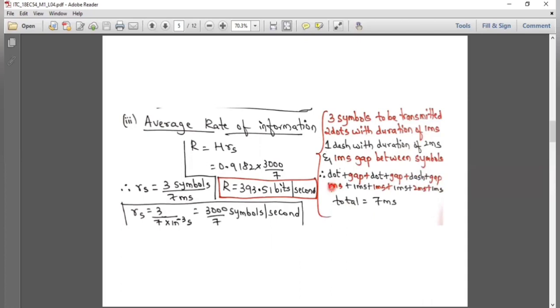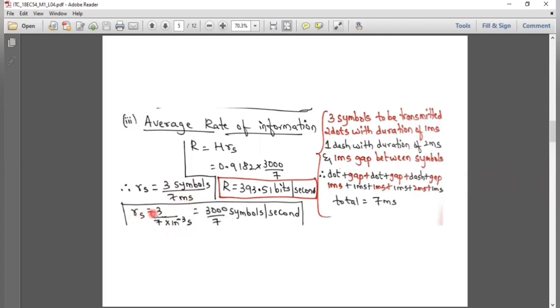So dot duration is 1 millisecond and the gap duration is 1 millisecond, whereas dash duration is 2 milliseconds, which gives us total duration as 7 milliseconds. Therefore symbol rate is, we are transmitting 3 symbols with a duration of 7 milliseconds. Convert milliseconds to seconds.